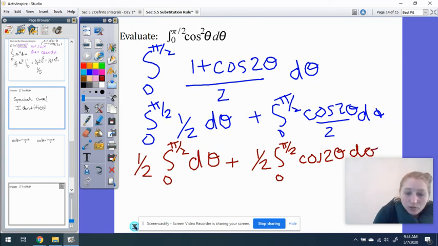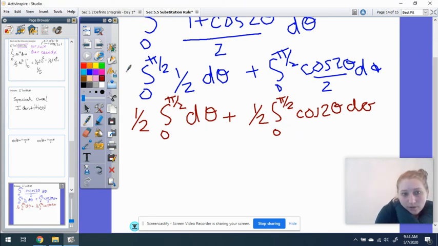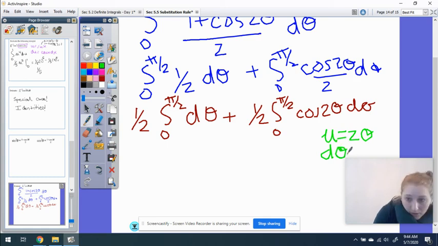Okay, so now that we're here, let's go ahead and integrate this. So I'm going to end up doing substitution for this second part right here, because essentially u is going to be 2 theta and du is going to be 2 d theta. I wrote that wrong.